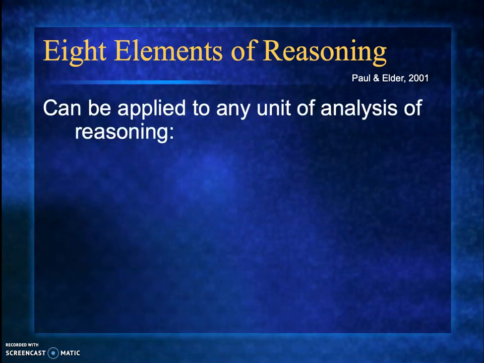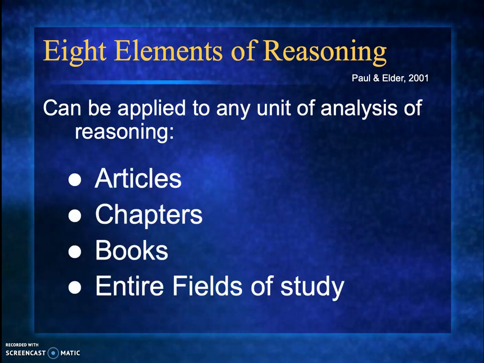So according to Paul and Elder, right, this kind of technique or tool can be really applied to any unit of analysis of reasoning, including things like articles, chapters, books, entire fields of study.